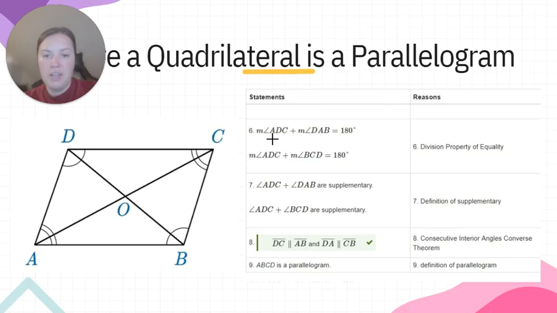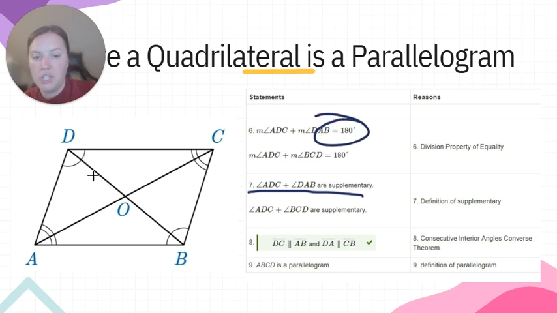So now we are left with this single ADC plus DBA. And remember, these are the measures of the angles themselves. So we're adding the two measures of the angles and we're getting 180 degrees. And we've done it for both examples here. Now, we can go back and make that assumption that the angles are now supplementary.